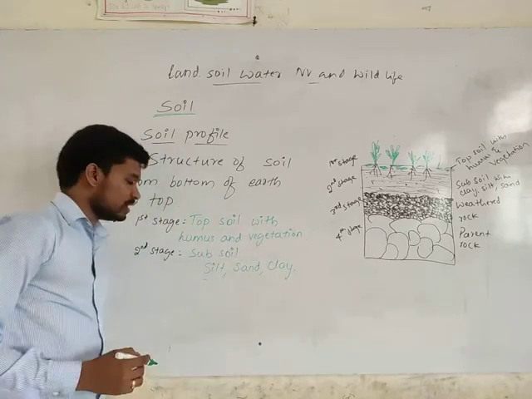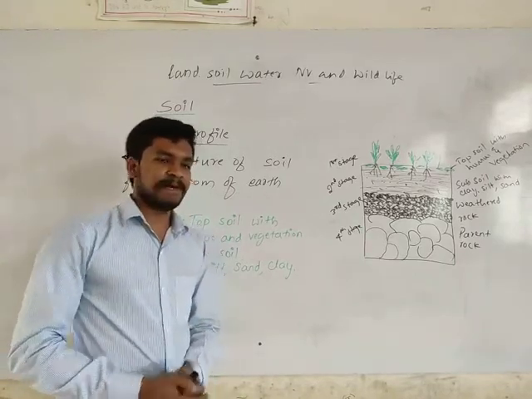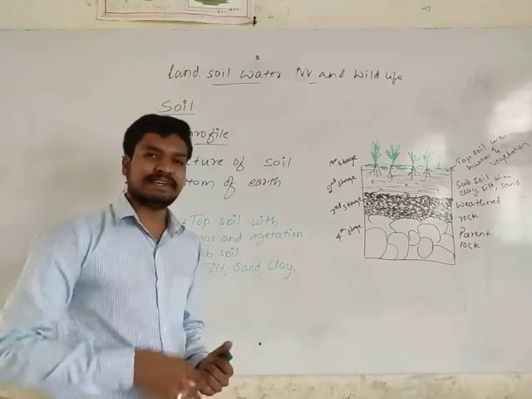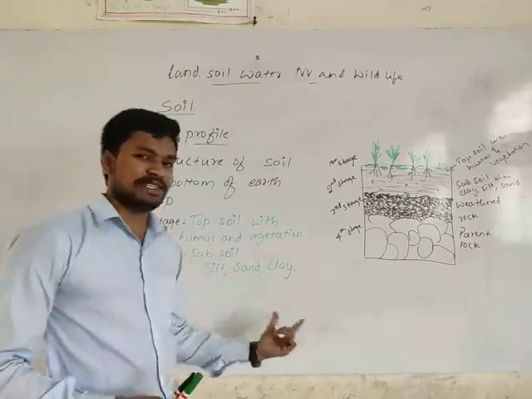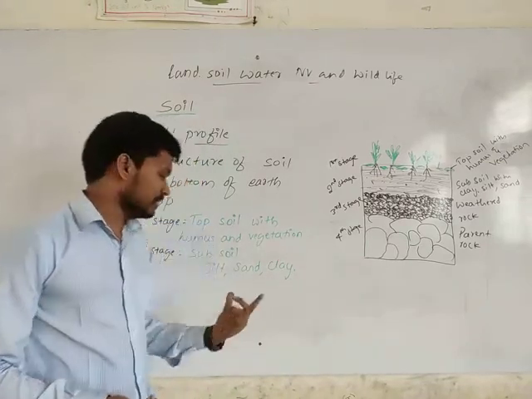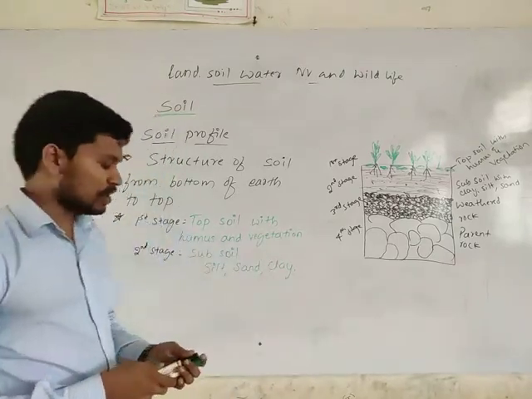Sand, you know. Then silt is somewhat large grainy substance, somewhat larger in size compared with sand. You can find this in river valleys, in the foothills of the Himalayan mountains. There we can find silt, sand, clay, because the soil is not fully formed over there.